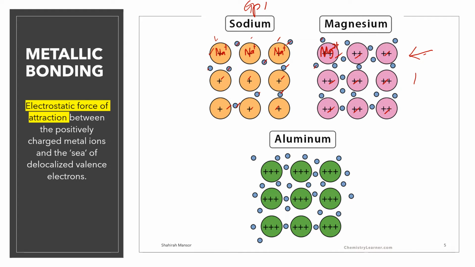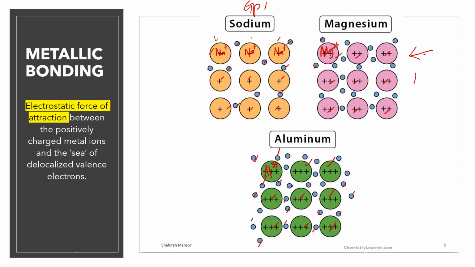Okay? Dan kalau it is aluminium, 1 Al3+ akan dikelilingi oleh 3 elektron. So 9 lukisan untuk Al3+, you kena lukis sebanyak 9 darab 3, okay, iaitu 27 elektron di sekeliling in the entire space of the metal tersebut.